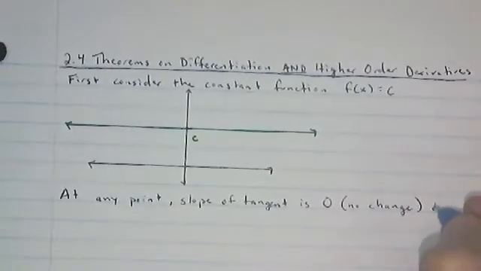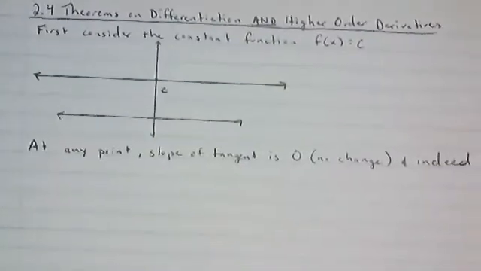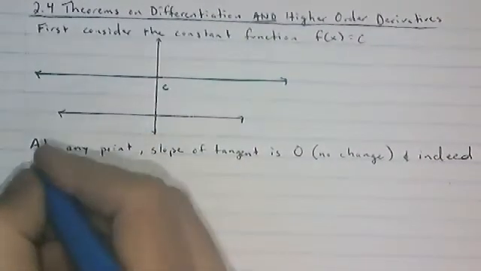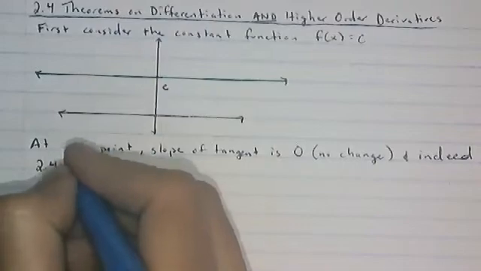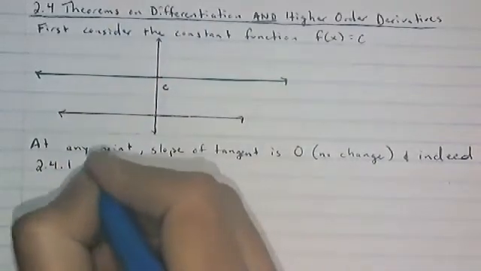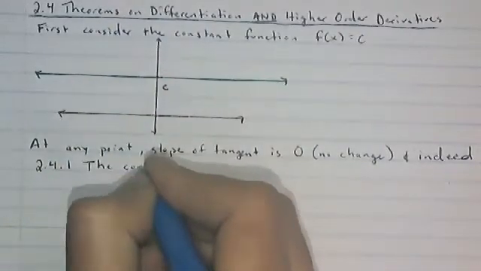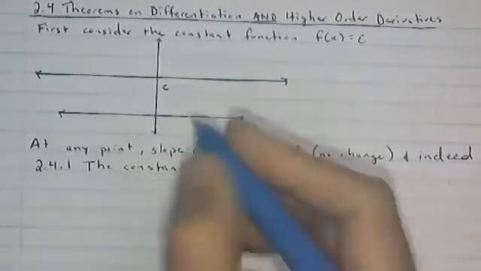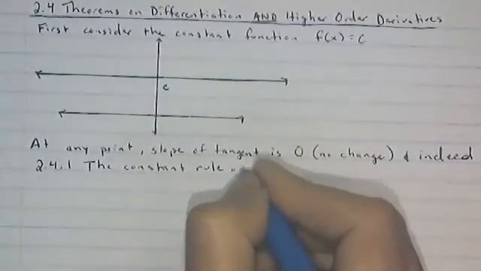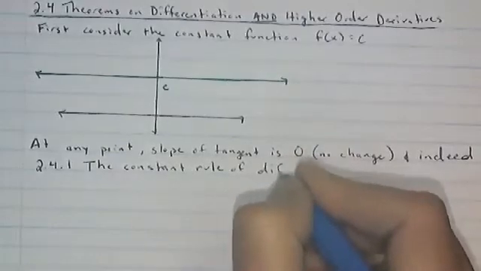And indeed, our very first theorem on differentiation tells us so, which is 2.4.1, the constant rule of differentiation.